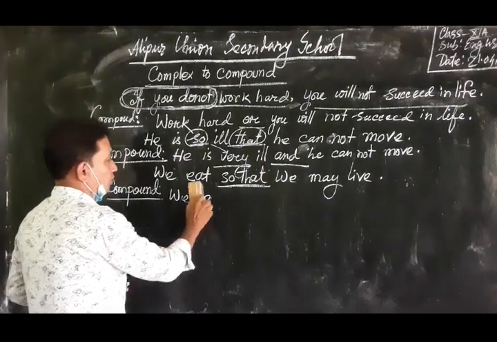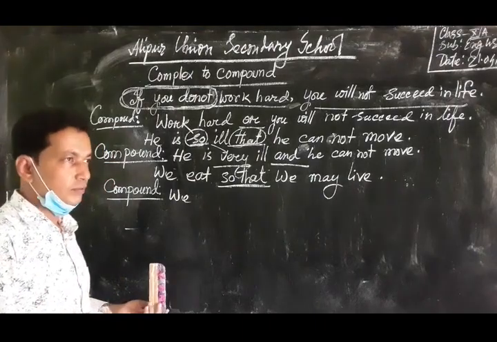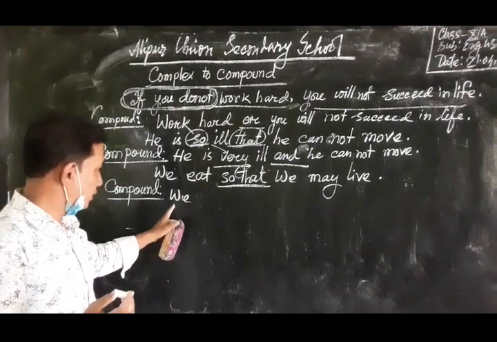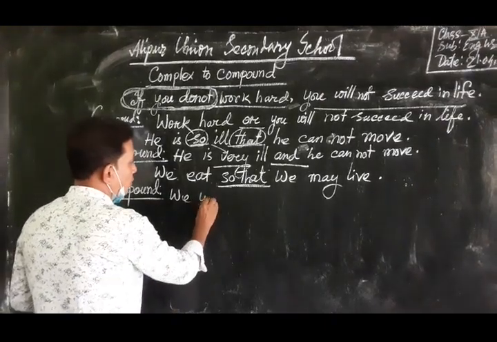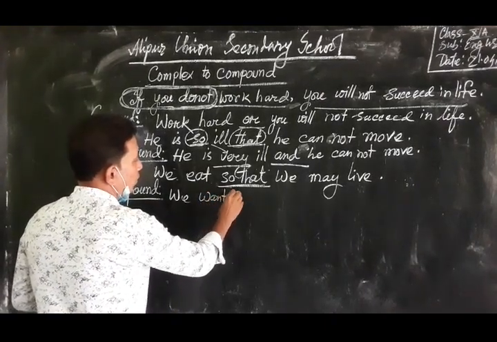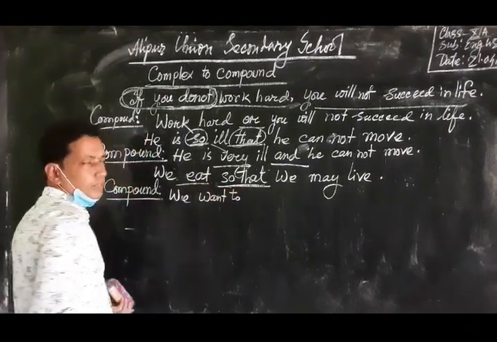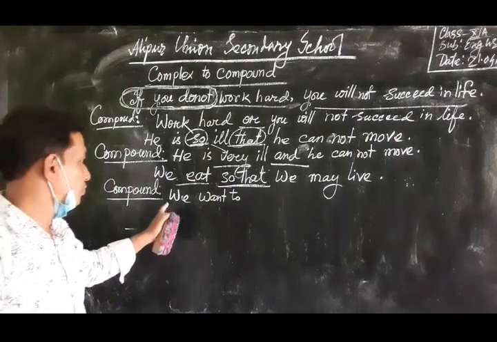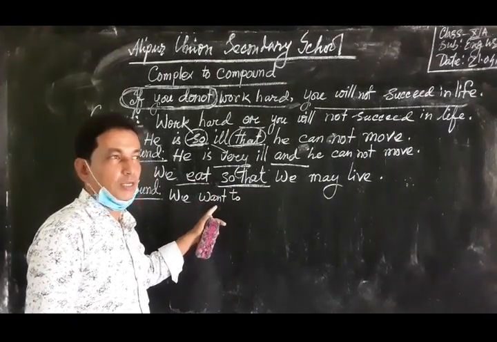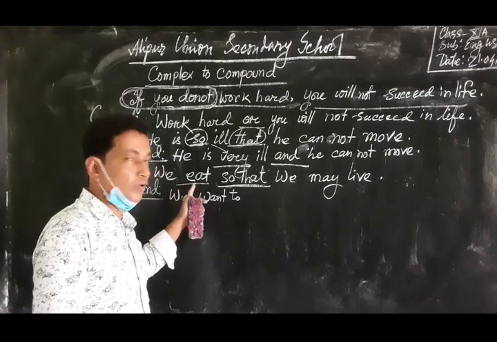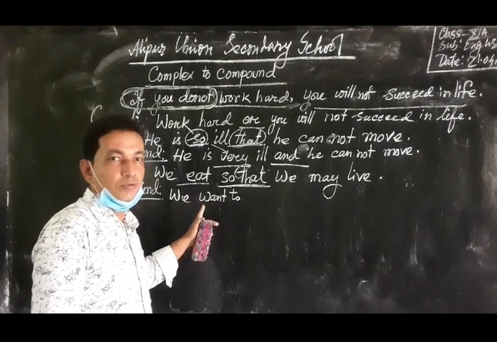We may write subject, and after subject we have to write want to, wanted to, according to the tense. If the tense is present tense, we may write want to or wants to after the subject. And if the first clause indicates past tense, we must write wanted to.